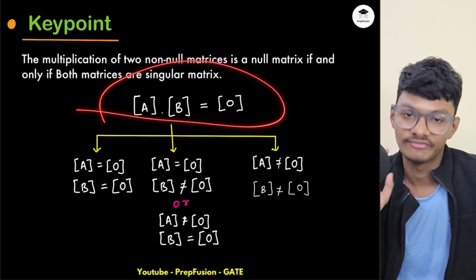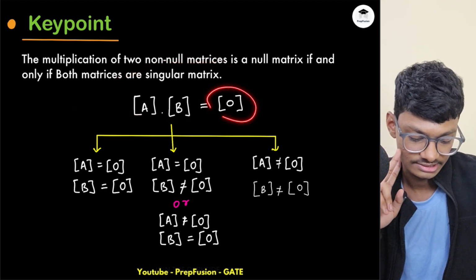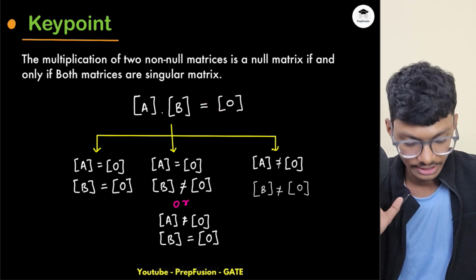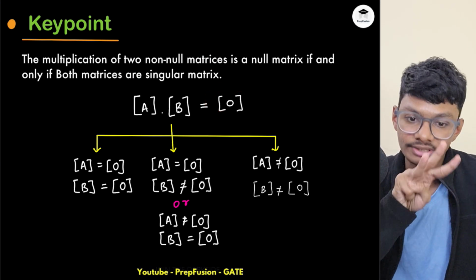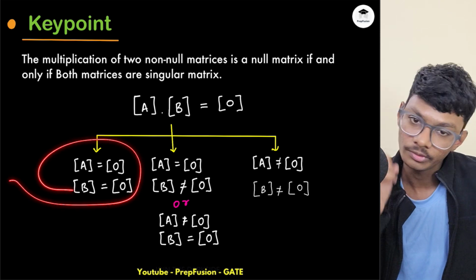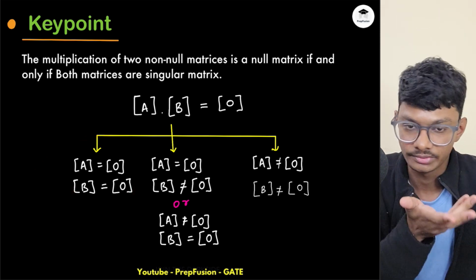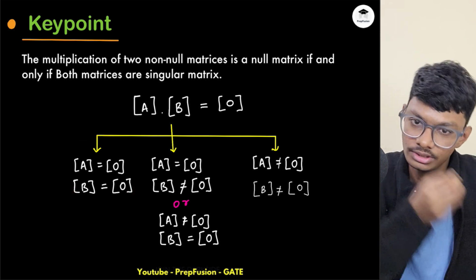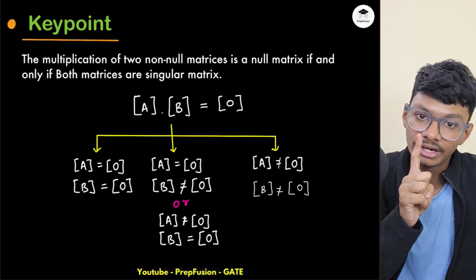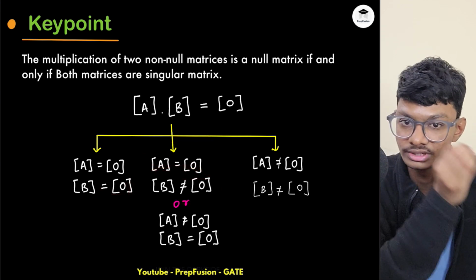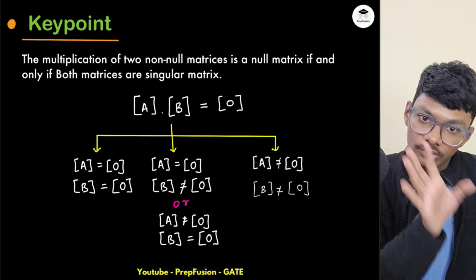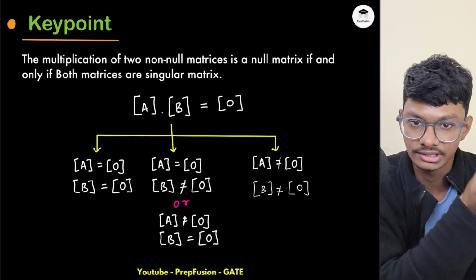If they have given you that the product of two matrices is equal to a null matrix, then there can be three things: either both of them are null matrices, in which case the result will anyway be a null matrix. If either one of them is a null matrix, it doesn't matter what the other matrix is, the product will be a null matrix, because 0 times anything is 0.